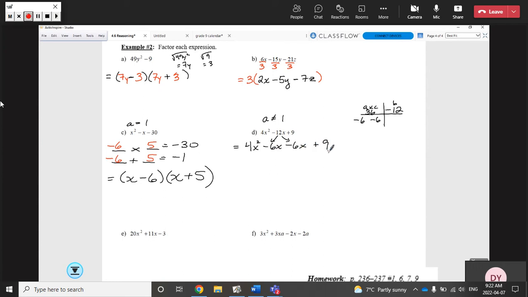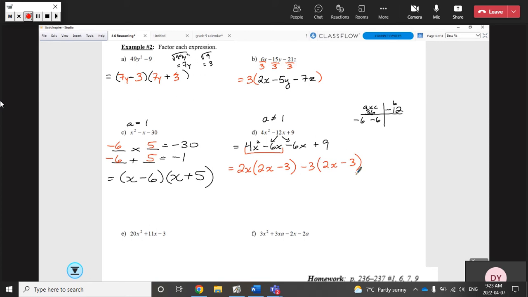And then we group factor each side. So we're going to common factor here. I think we can take out a 2x, and we're left with 2x minus 3. And over here we can take out a minus 3, and we're left with 2x minus 3.